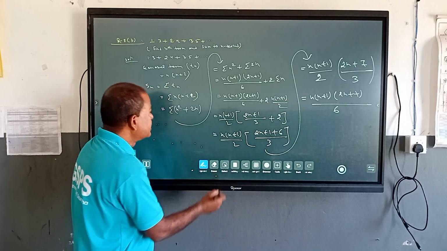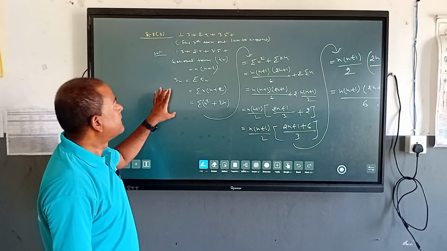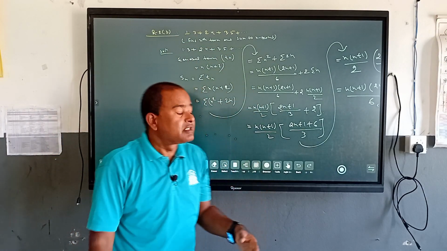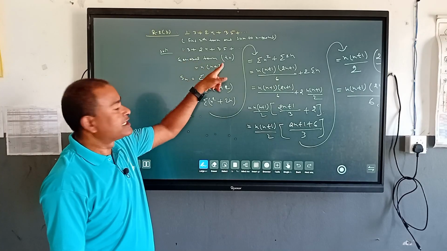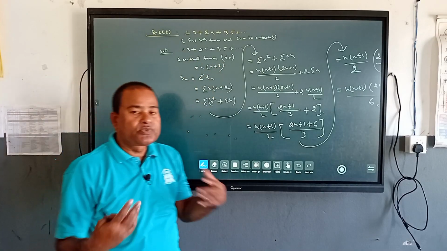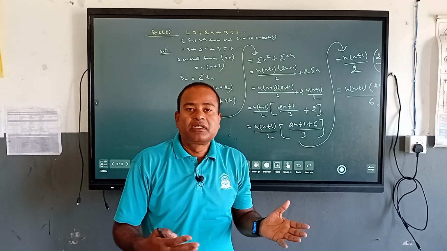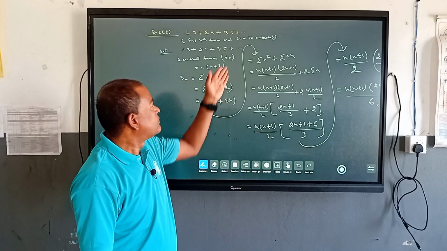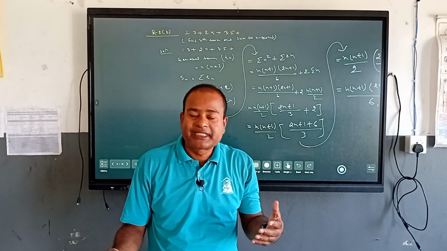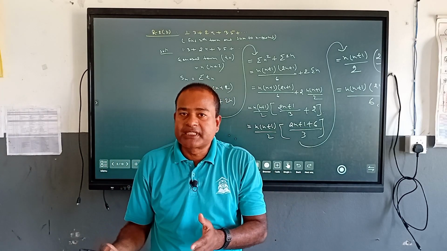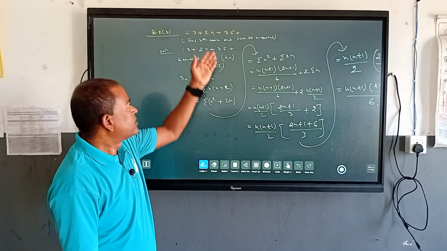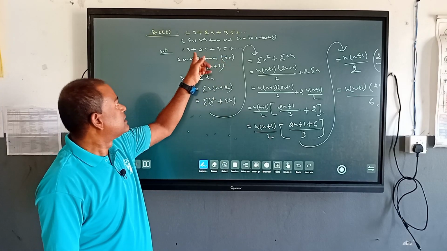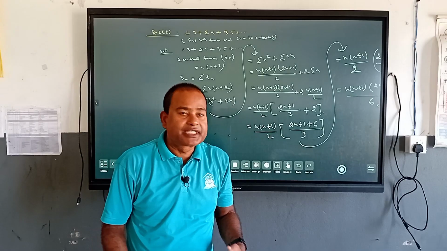If a series involving natural numbers is given, then at first we have to find out the general term Tn, which we can find easily by using the formula of the general term of an arithmetic sequence. We know that the formula of the general term of an arithmetic sequence is Tn equals a plus n minus 1 times d.